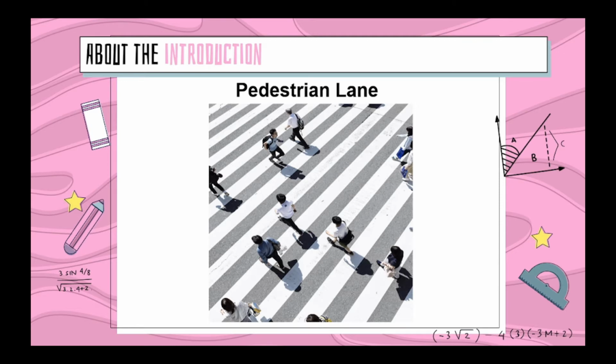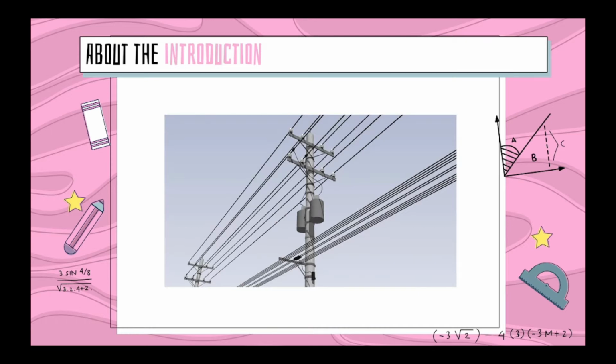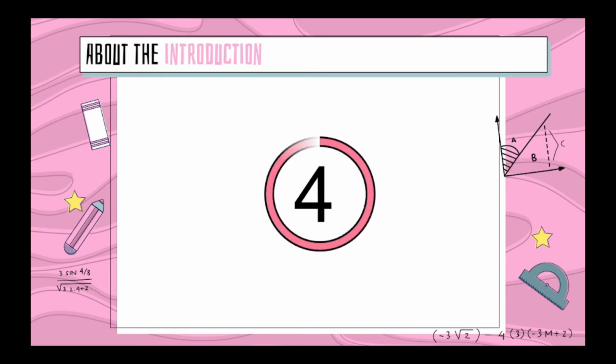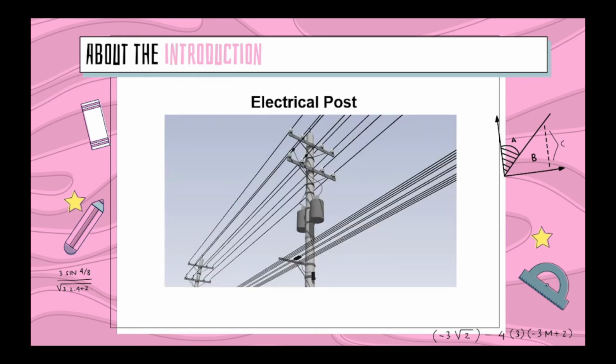Next picture. You have 5 seconds. Time's up. The correct answer is electrical post, or it can be electrical wirings, since obvious naman yung mga wire natin. Okay?